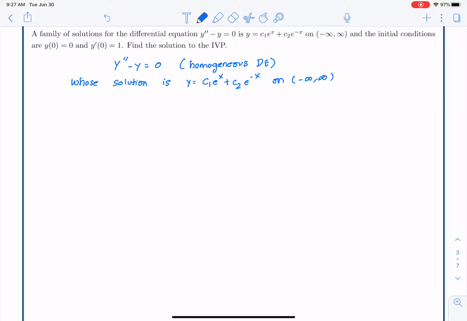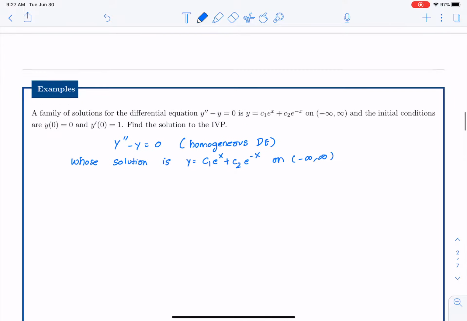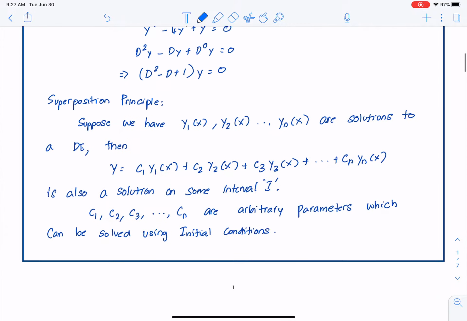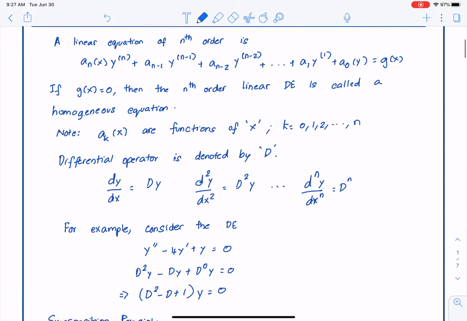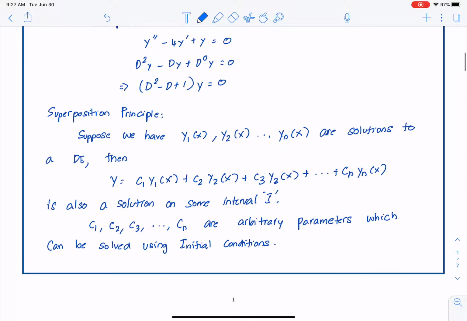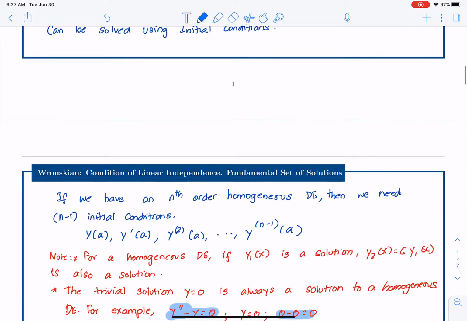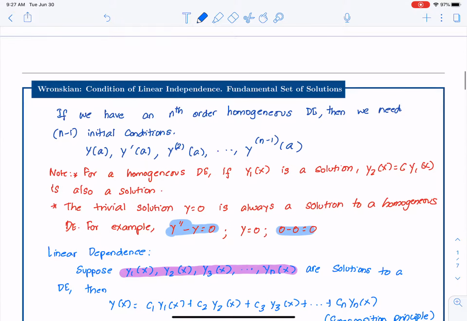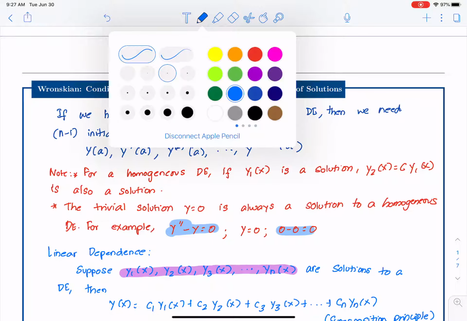If we have a third derivative, then we would have three initial conditions. Did I write that correctly here? Okay. So I sort of made a mistake here.